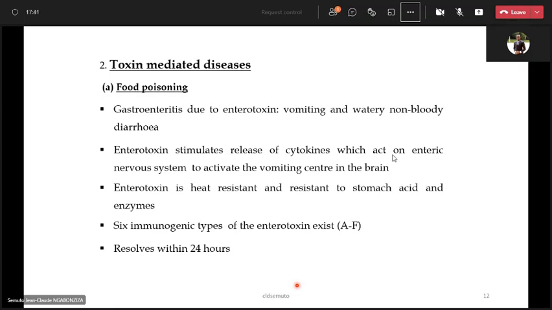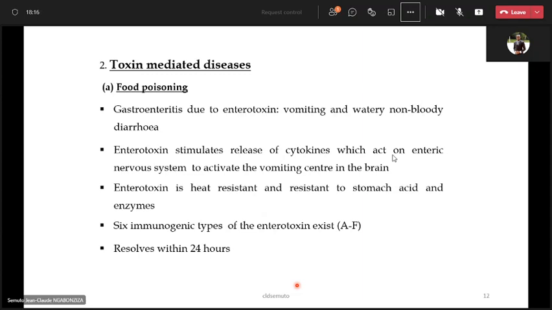Enterotoxin stimulates release of cytokines, which act on the enteric nervous system to activate the vomiting center in the brain. It is heat resistant and resistant to stomach acid and enzymes, which makes it a very tricky toxin. Imagine being resistant to heat, meaning that even when you cook the contaminated food, it might not affect this toxin.